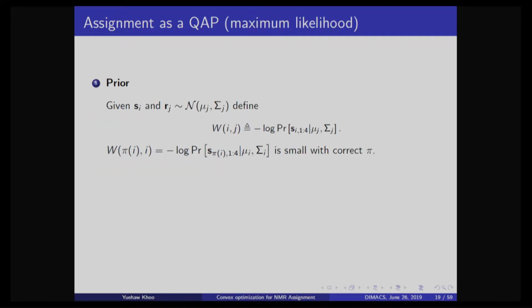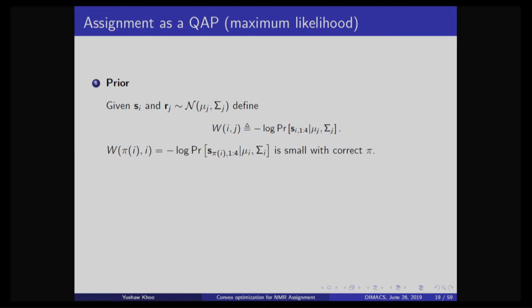Like I said, we have some prior information on what kind of frequencies a residue should take on. We have some rough range. So given a residue R_j, distributed according to some mean mu_j and covariance matrix sigma_j, this is the negative log likelihood of S_i being the correct spin system for that residue.